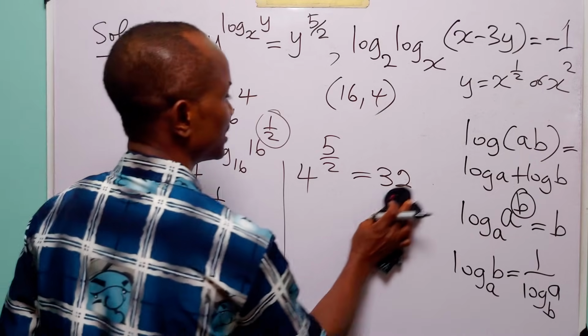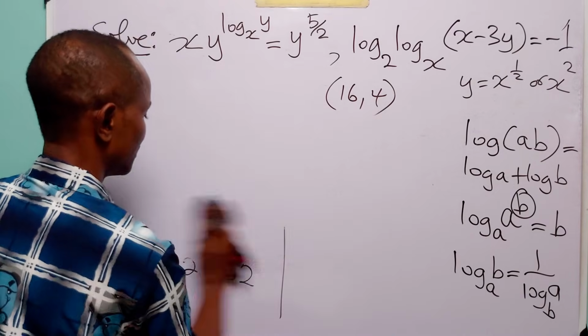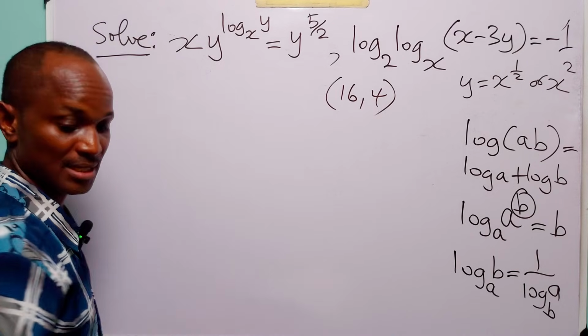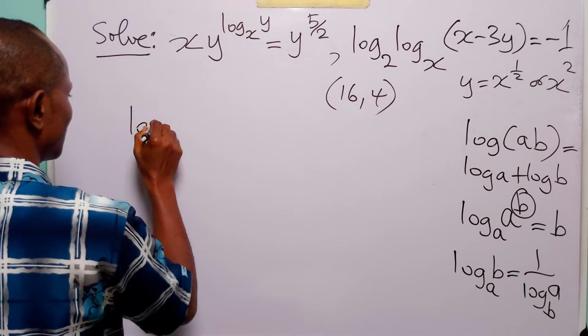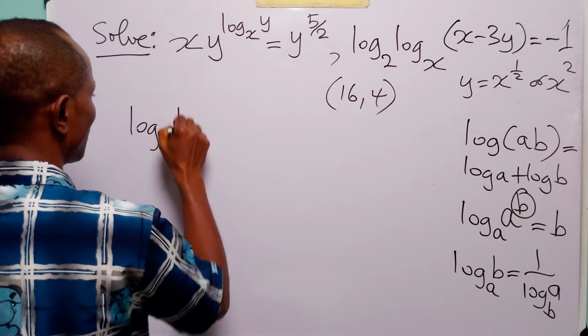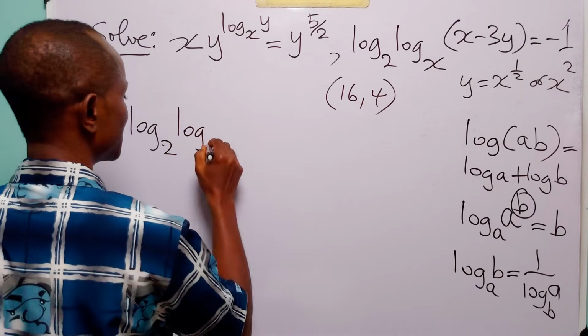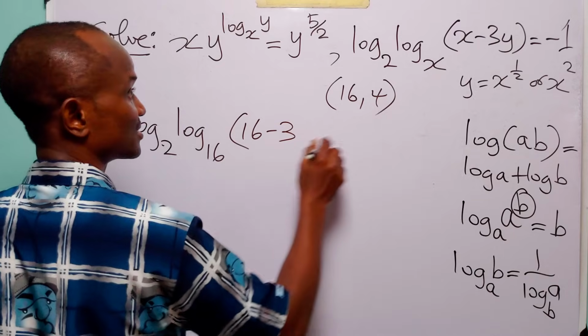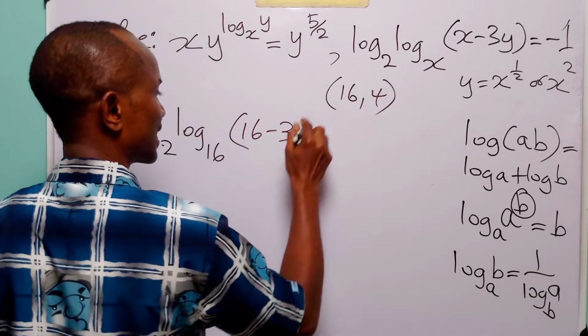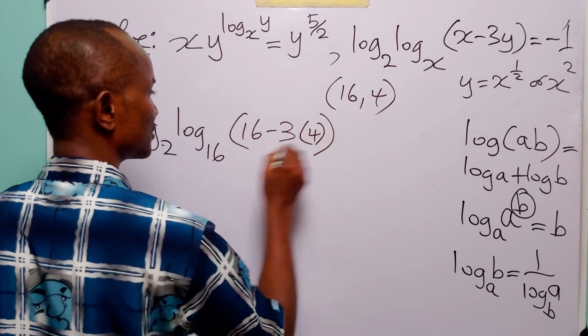And substituting into the logarithmic equation, we have log to base 2 of log to base 16 of 16 minus 3 times 4. 3 times 4 is 12.